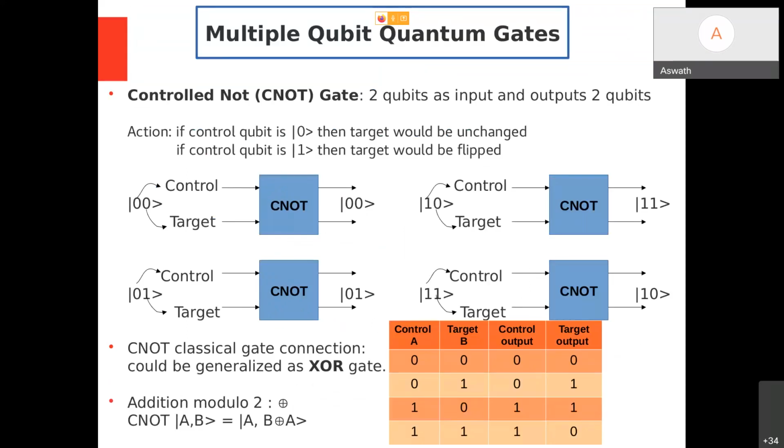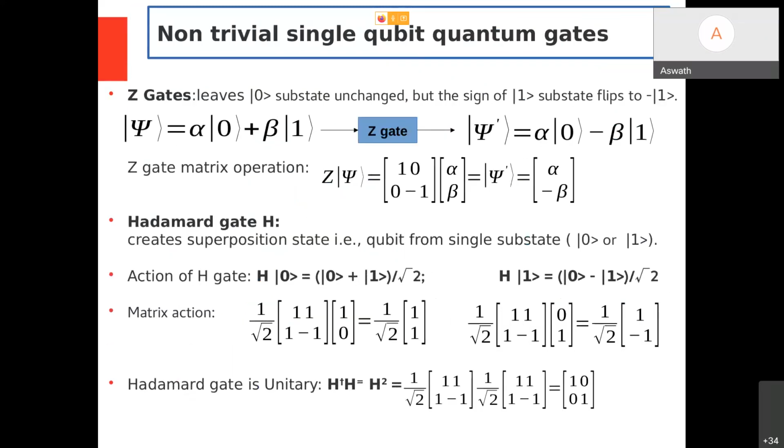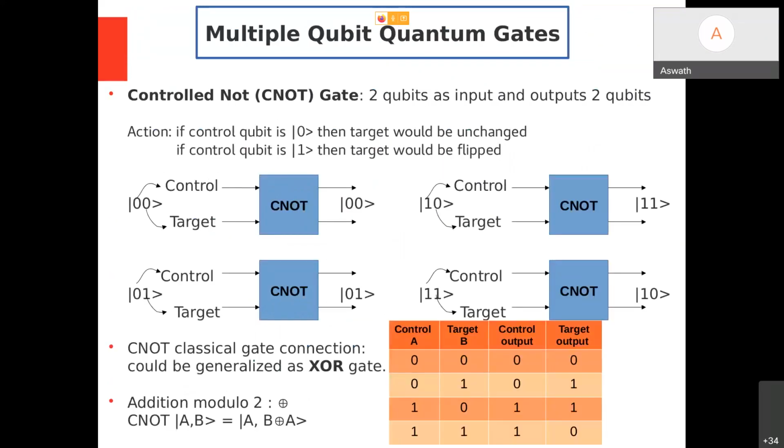Fine. So far what we have seen is a single gate operation: a single qubit goes in, a single qubit comes out. That is not always the case, though. We will have multiple qubits going into some kind of quantum gate, and it gives me some kind of output. The first possible multiple qubit gate is two qubits going in, coming out in some other form.